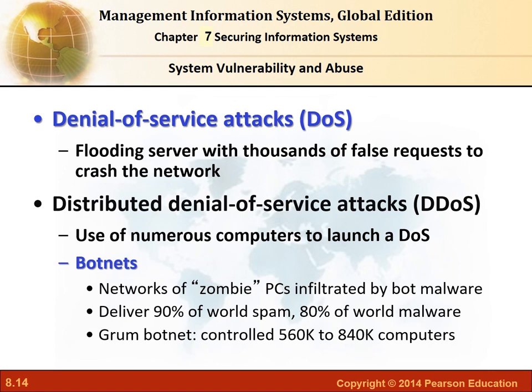The example is the Grum botnet, which was responsible for 18% of worldwide spam traffic, about 18 billion messages a day, until it was shut down on July 19, 2012. Bots and botnets are an extremely serious threat because they can be used to launch very large attacks using many different techniques.